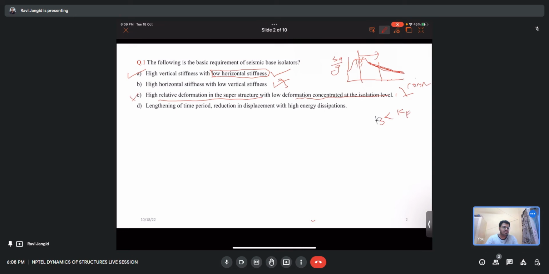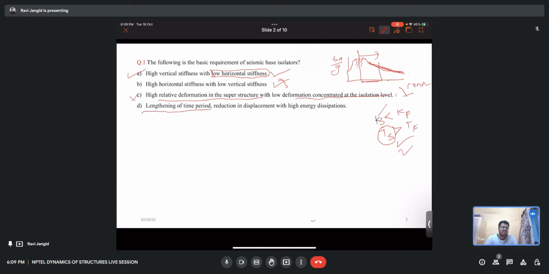The time period of the isolator would be higher compared to the fixed base. In the spectra, to reduce the stiffness we need to increase the time period of the structure. So the first part is okay, lengthening of the time period.